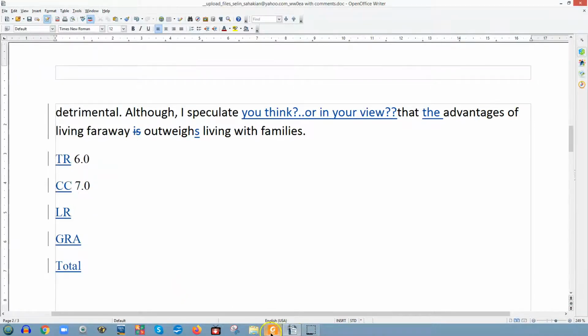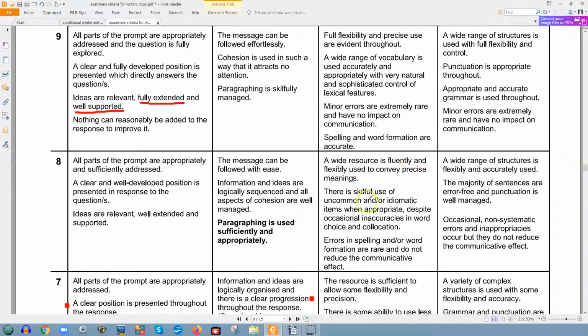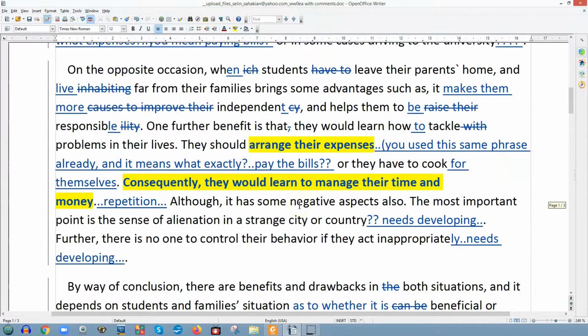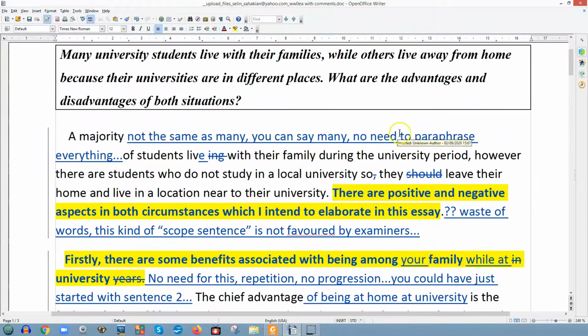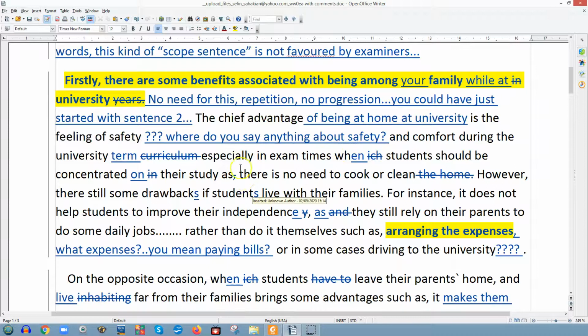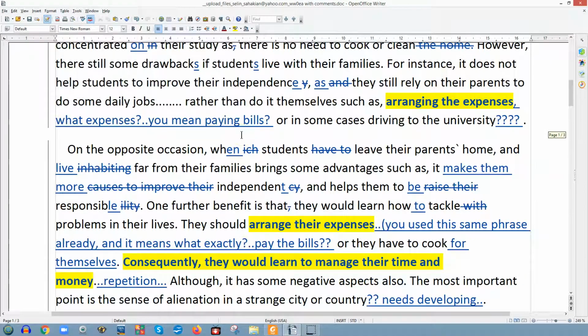Lexis, let's have a look. Is it a wide resource? Well, it doesn't really seem so. University, university, university. Students, students, students, or there's parents, students, students, students, parents, students.